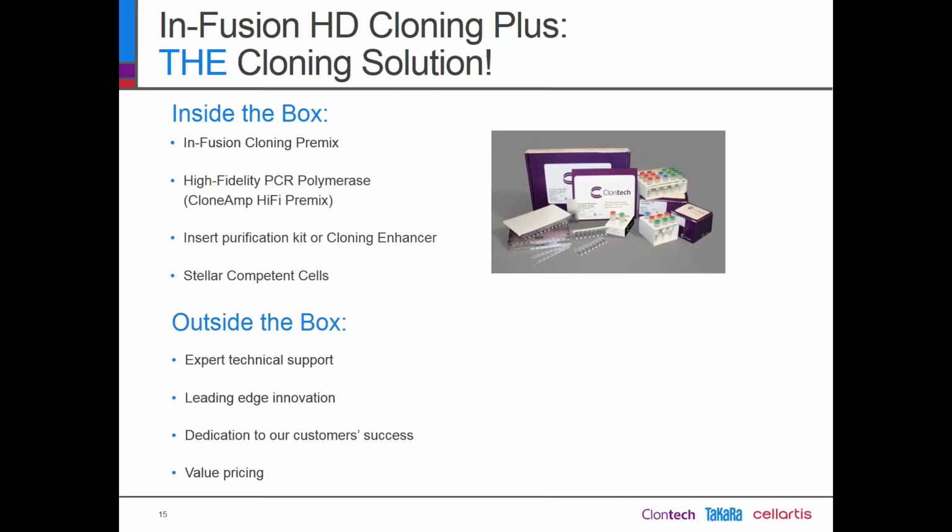So in the end, using these kinds of systems is certainly cheaper than using a classical restriction ligation if you take into account the success rate, the fact that you have to clone or screen a much lower number of clones, and that you also spend much less time on the cloning part itself.